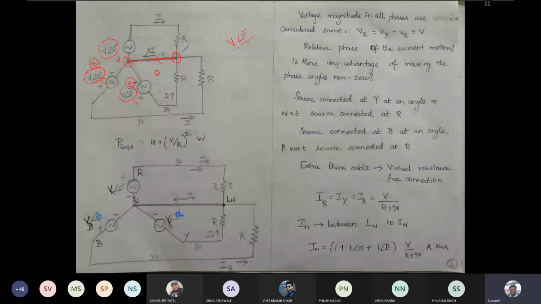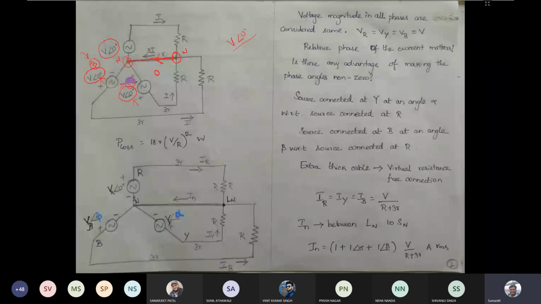Now both neutrals we have connected. There is some current flowing through this path, that is the return current. But we can avoid the return current flowing through this path somehow. How can we do it? That can be done by the value of alpha and the value of beta.